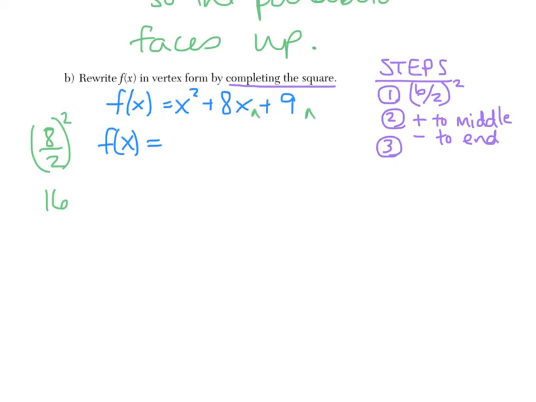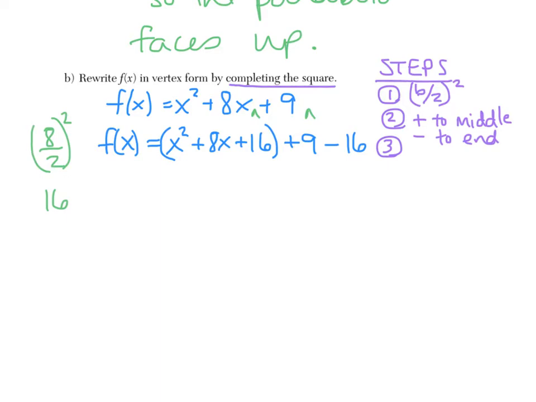So I'm going to add that 16 after the 8x. Then I'm going to write down the rest of it, plus 9, and then I'm going to subtract away my 16. So this right here that we created, we completed the square to make this into a trinomial that is a perfect square.